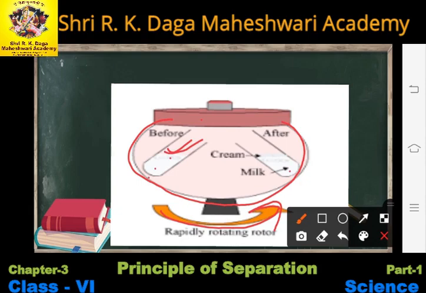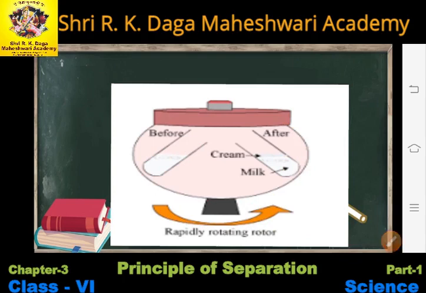But after rotating, what will happen? The milk will get separate here, while the cream will get deposit here, and we can easily separate cream from the milk now, right? So this process is called as centrifugation, by which we can easily separate cream from milk or curd.